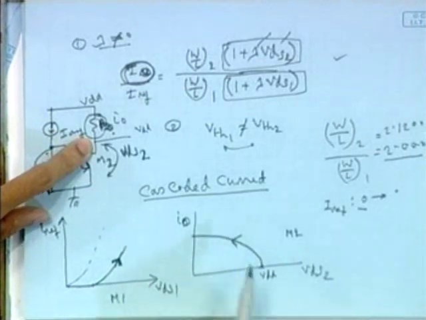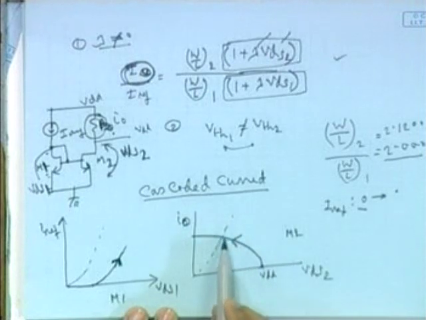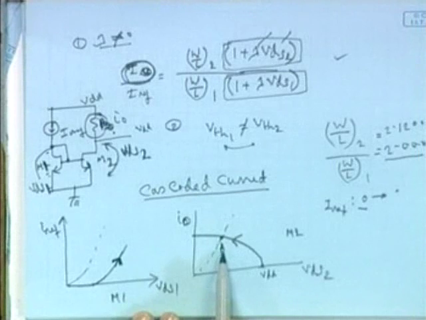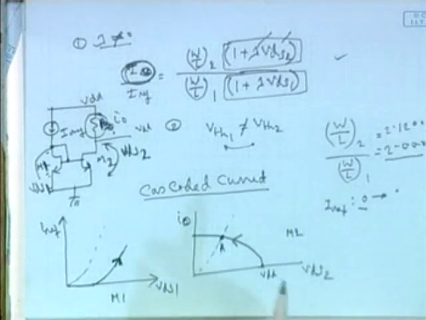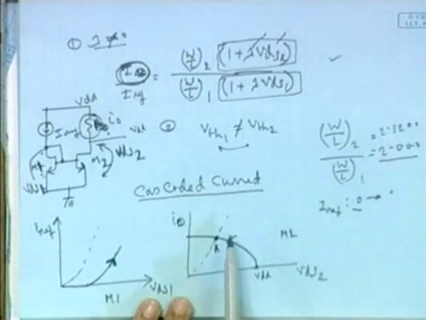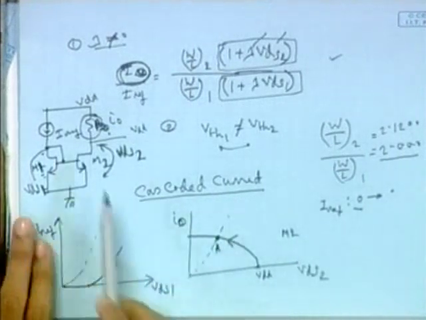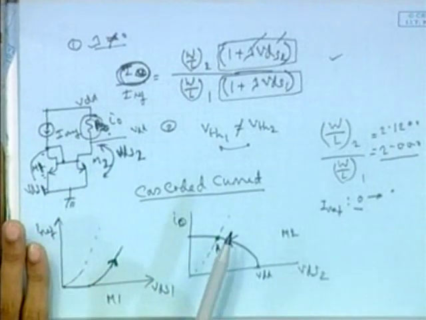It will go like this, and after some current, it will hit the triode zone here at point A. As I have explained, the current mirroring action takes place only when M2 and M1 are in saturation.